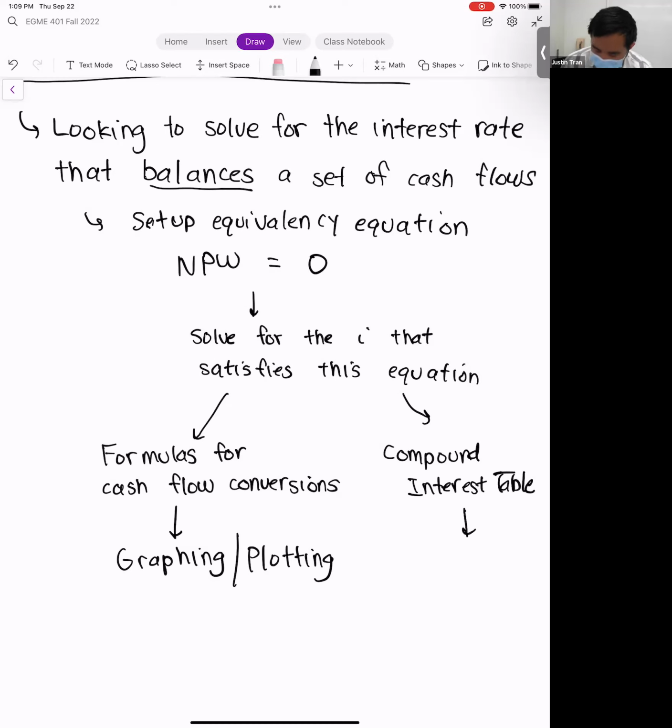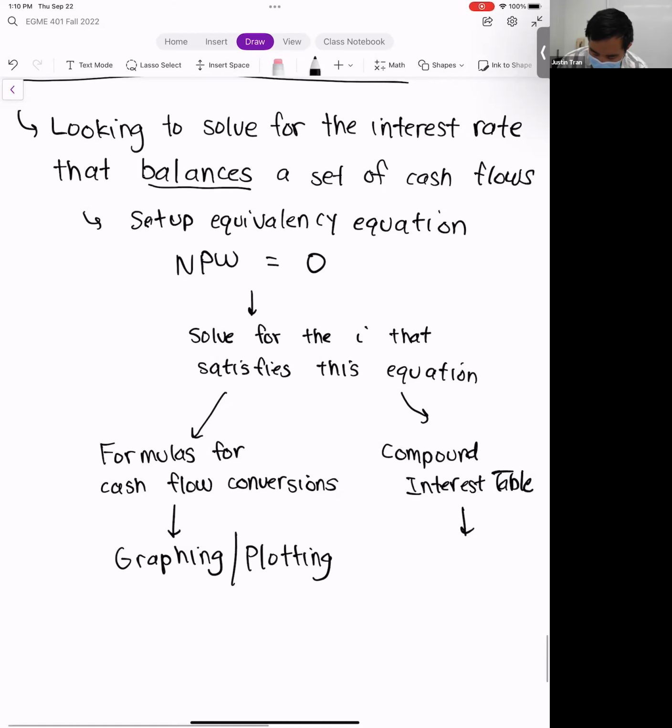The other way is to use the compound interest tables. That was the last example we did before the end of class. The only downside to this method is that it involves quite a lot of guess and check, and ultimately it's going to require some kind of interpolation.